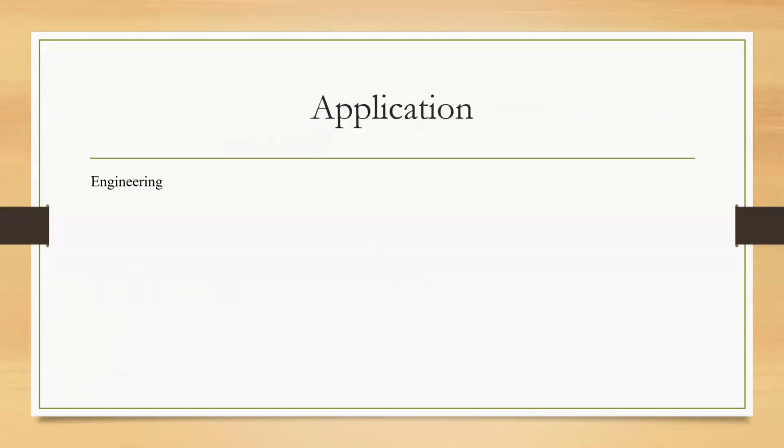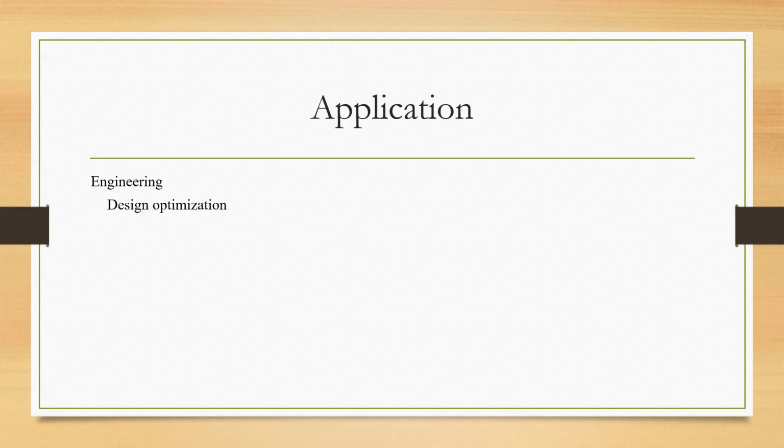So here are the applications of the Powell method. In engineering, the Powell method can be applied to various optimization problems where the objective function is complex, nonlinear, or lacks analytical derivatives, such as design optimization.